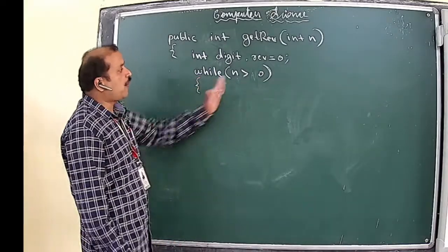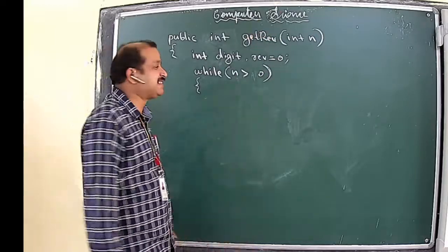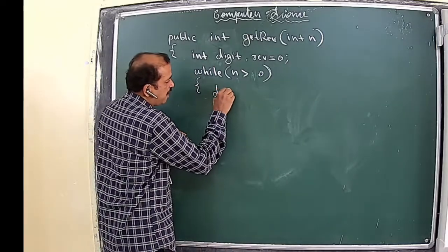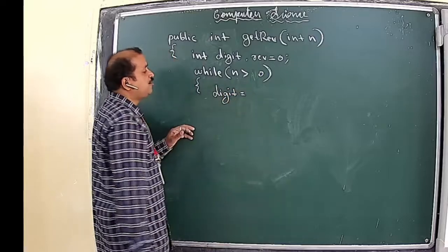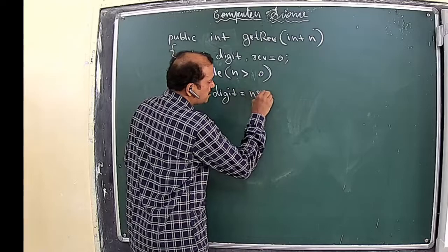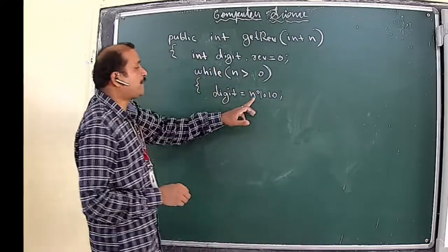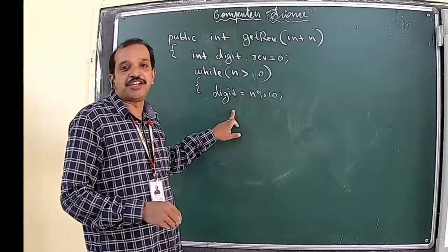First of all, our first task is going to be the same thing that we learned in our previous example. We will extract the last digit first. Digit equal to n modulus 10, which you are already familiar with, what happens when n modulus 10 is assigned to any other variable.